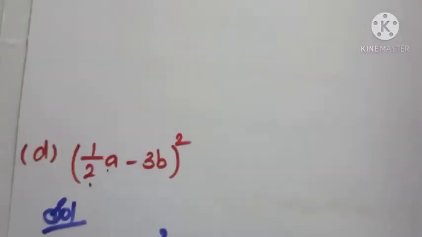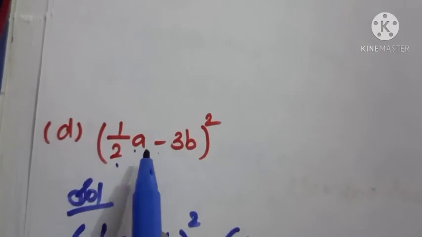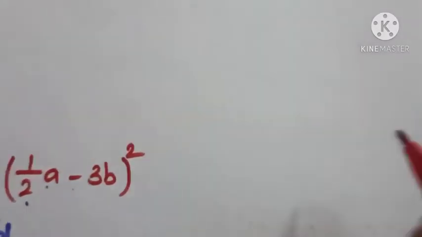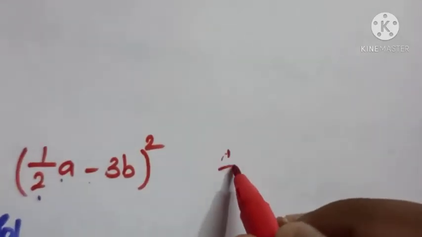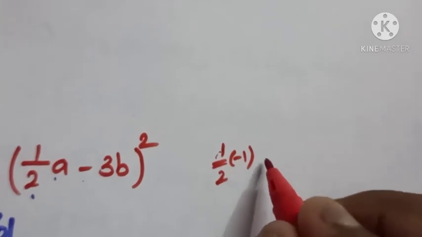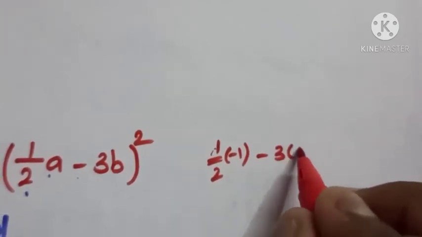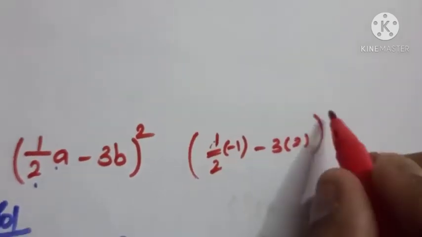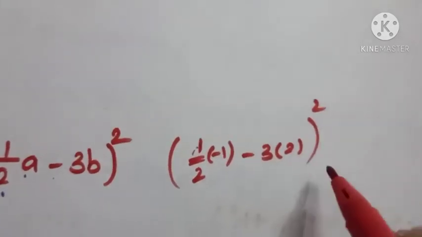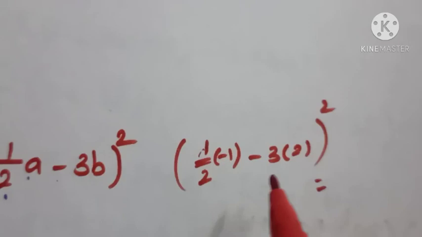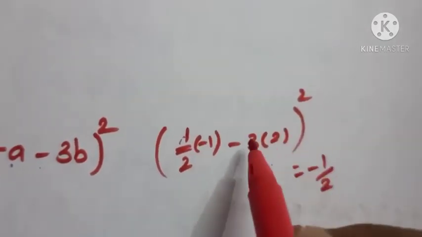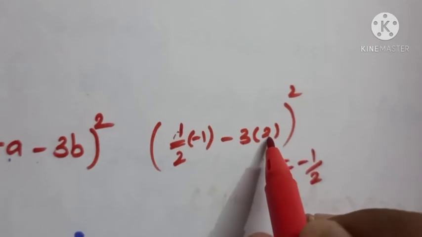So I just have to recheck it. That is 1 by 2 into a minus 3b. Just for reference, I substitute 1 by 2, instead of a I take minus 1, minus 3 into b I take 2, whole square. So without doing the product, I just substitute the values before the product. So minus into plus, it becomes minus 1 by 2, and this is 3 2s are 6.